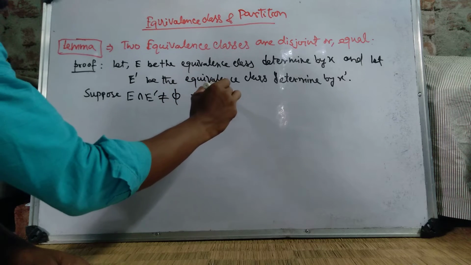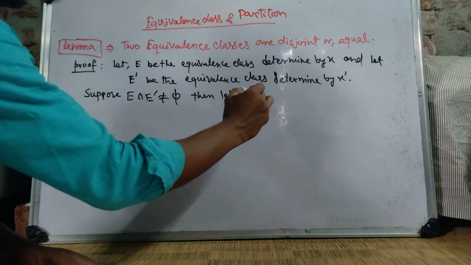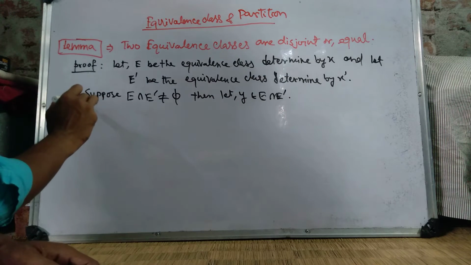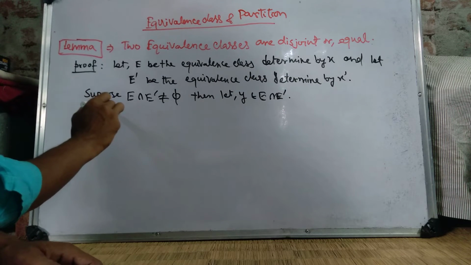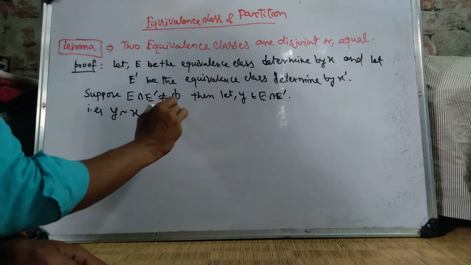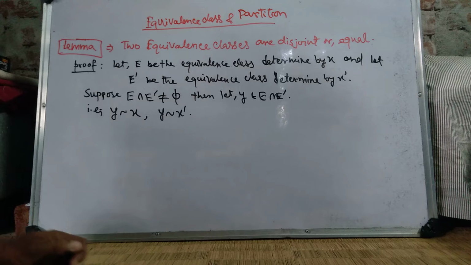Then let Y belong to E intersection E dash. That means Y is related to X and obviously Y is related to X dash.